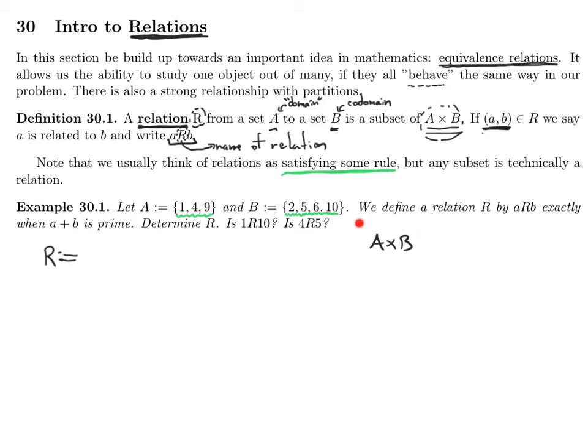I'd like you to calculate this Cartesian product, and then calculate the subset of this that is indeed the relation. So it's elements where if you add the two parts of your ordered pair together, you get a prime number. So pause the video now and give that a go.